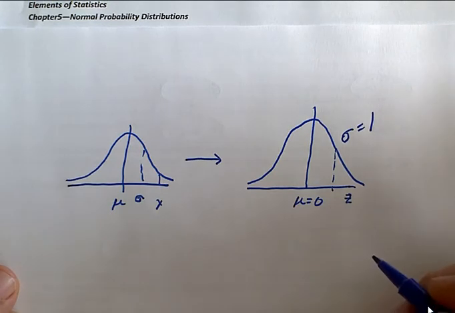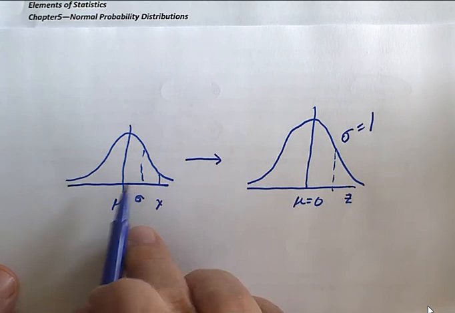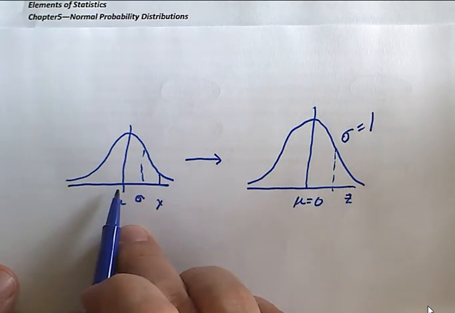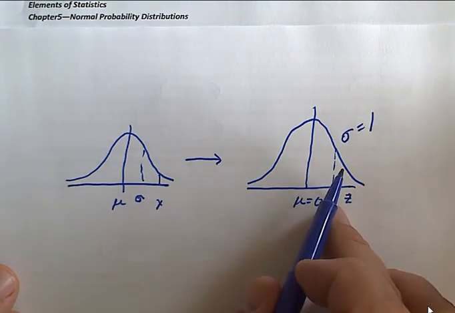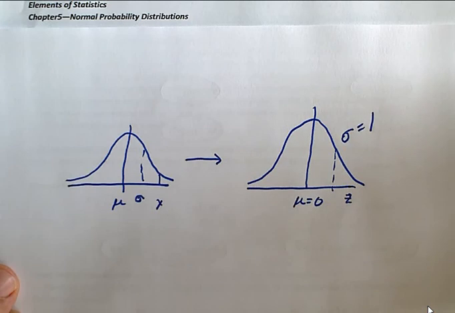Because when I can take this information and change it to this scale, then those tables that we were using in the previous section now become available, and all of those probabilities and areas under the curve are now accurate.